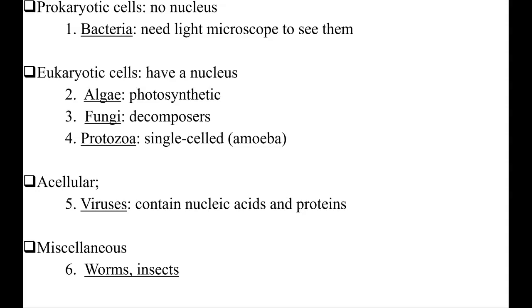We'll also talk about some acellular things as well. So things like viruses and prions. Viruses are not considered living things. They're not cells. They have a nucleic acid core. So it's either RNA or DNA, and that is protected by a protein coat.